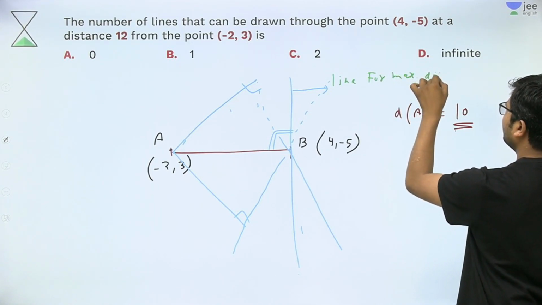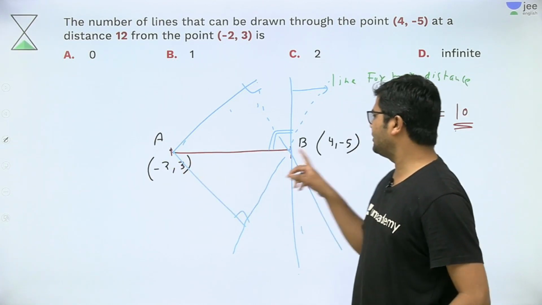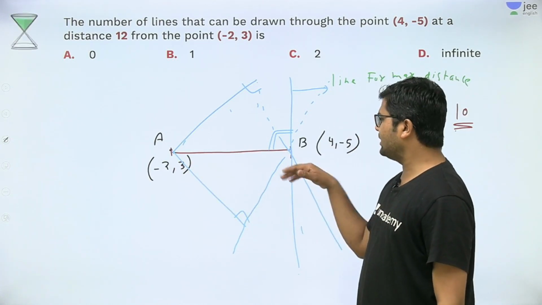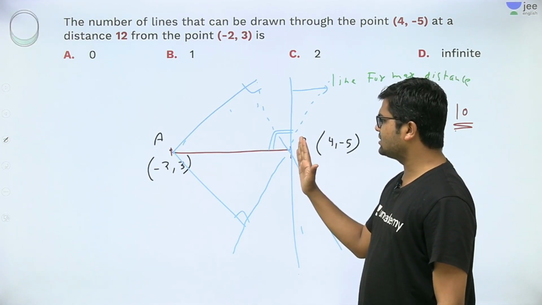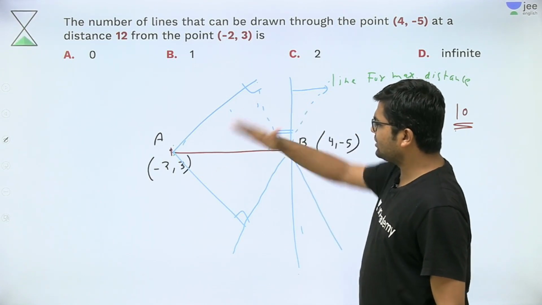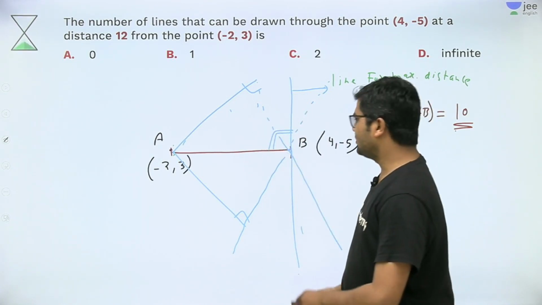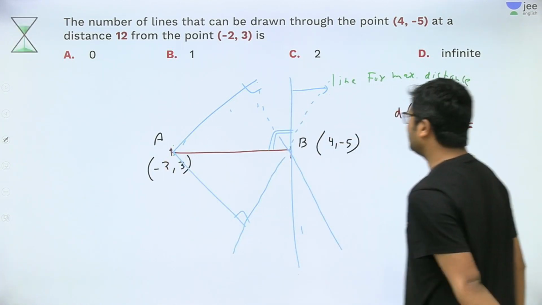Got the situation? If there is a fixed point (-2, 3) and a fixed point (4, -5), infinite lines can pass through B, but the line which is at maximum distance from A is the line perpendicular to the line joining the given points. The distance of this line from the point A is 10.